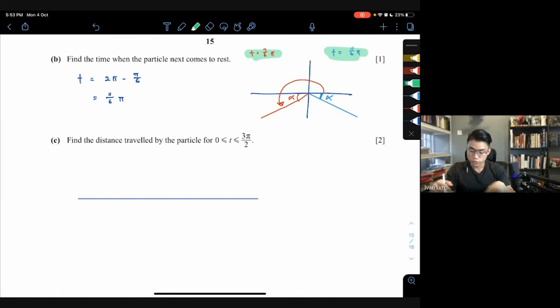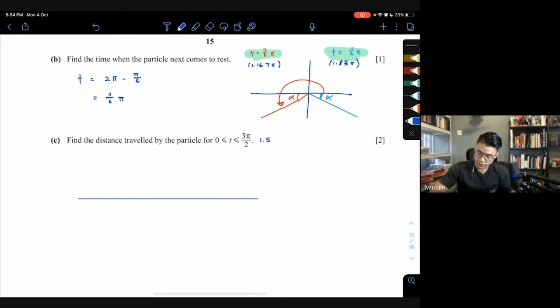If you cannot read 7 over 6, 11 over 6, and 3 over 2, change it to decimal so that you can read properly what the time is. So 3 over 2 is 1.5 pi, 7 over 6 is 1.167 pi, and 11 over 6 is 1.83 pi.